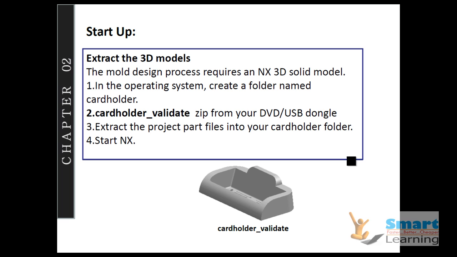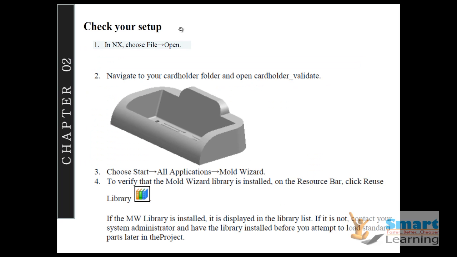Before moving ahead, if you have your DVDs or USB dongle, there you will get a card holder zip. That zip you have to extract, and within that you will get the card holder file, and then you can start NX. After starting NX, you can choose file, open, and you can get this particular part.